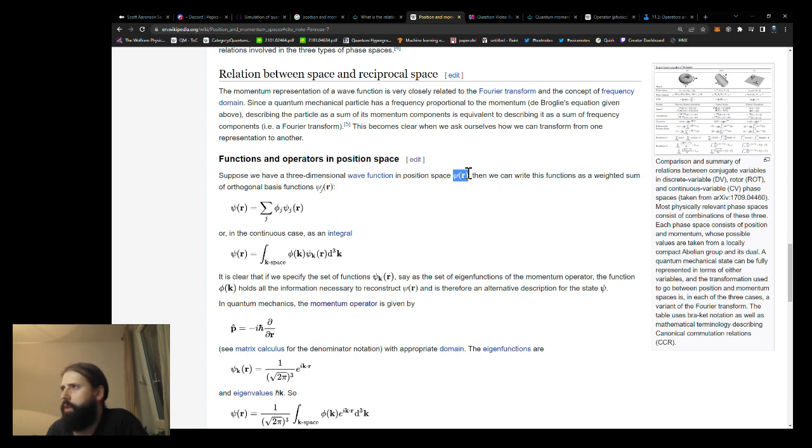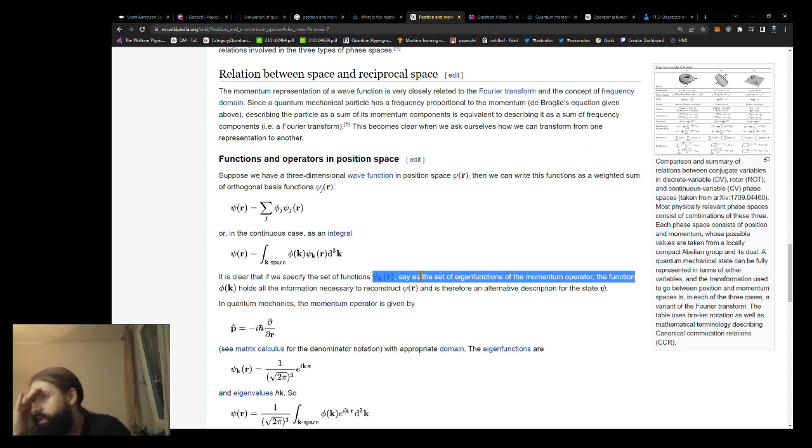We can write this function as a weighted sum of orthogonal basis functions, exactly, or in a continuous case as an integral. It is clear that if we specify the set of functions psi k r as a set of eigenfunctions of the momentum operator, let's focus on that step.